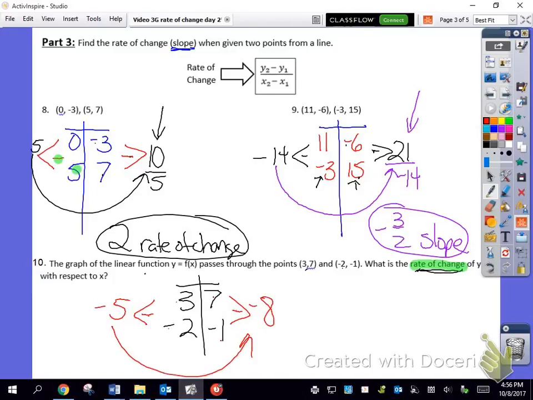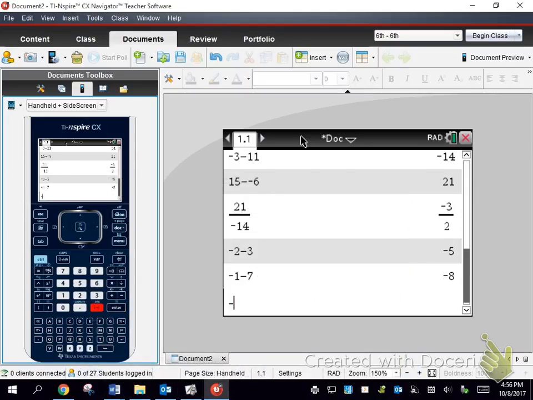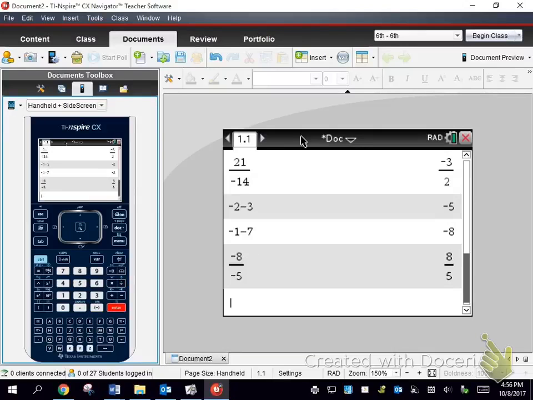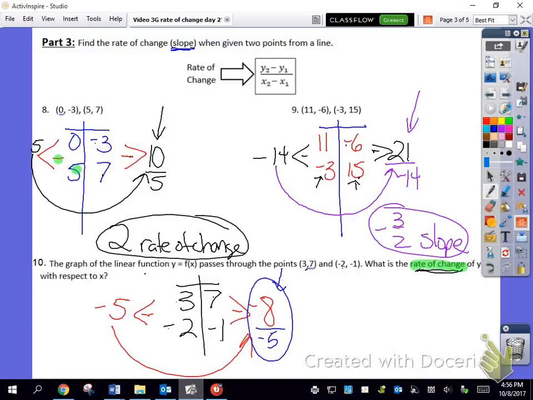And when you swing it over, the x always goes underneath. Put that in your calculator and enter from the top down. So negative 8 divided by negative 5. Enter. And you get positive 8 fifths. So the rate of change, or the slope, is positive 8 over 5. And that's your answer.